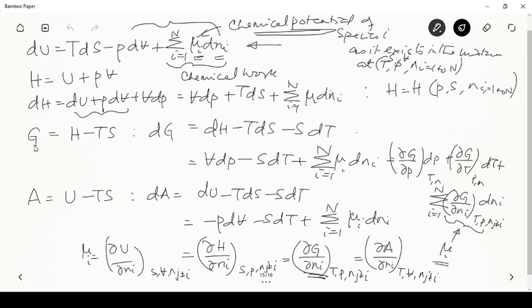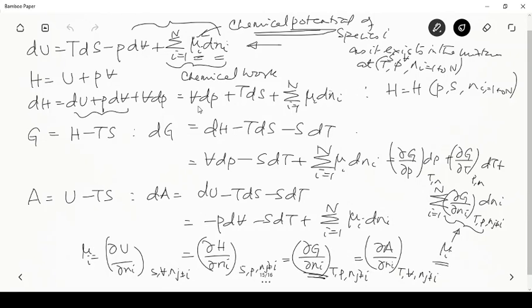In the same way, we write dG is equal to VdP minus SdT plus summation of mu i dNi. Okay, and dA, which is the change in the Helmholtz function, as minus PdV minus SdT plus summation of mu i dNi. So from each of these, if I write in the form of Maxwellian relations, then I'll get the mu i. From the first equation, we got it as del U by del Ni when S and V are kept constant, or the species are kept constant.